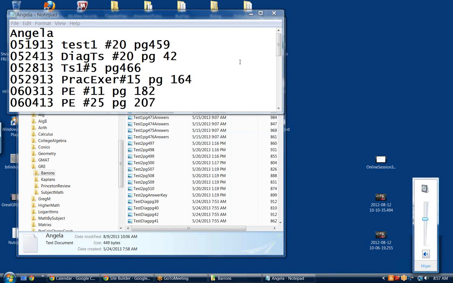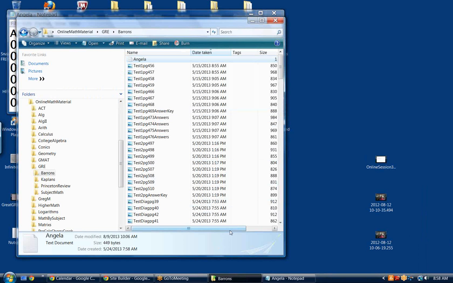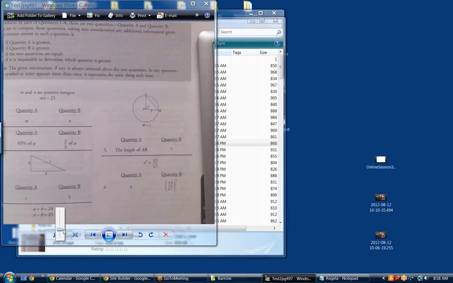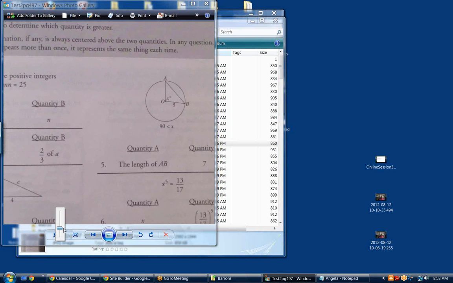All right, I'm trying to figure out what we did here before. It looks like I have two tests that I've digitized in. Why don't we start with test 2, and then we can always go back for our last session and figure out if we need to.